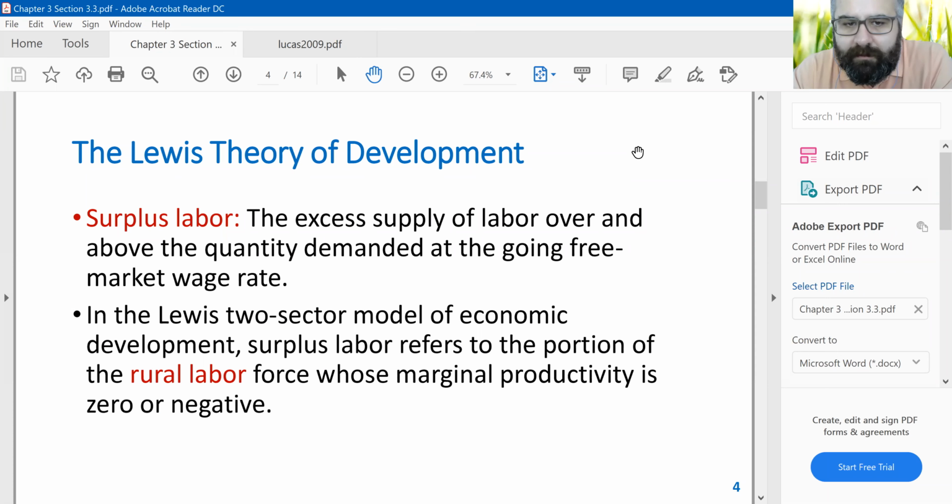So in that sense, it will be rural labor. Okay, because typically we of course observe agriculture taking place in rural areas, and that's especially true in pre-industrial societies or the developing world.